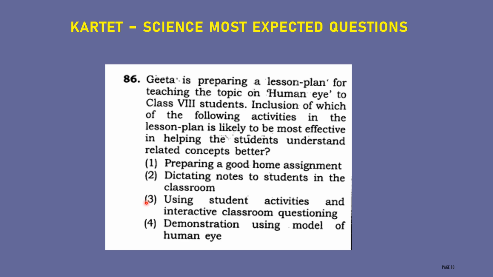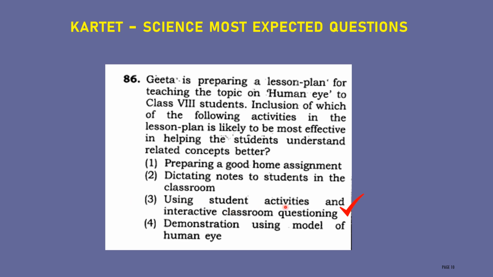Yes, this is the correct one, because when you are teaching human eye, first the students he has to understand the structure of human eye, then you can show the activities. With the help of the activities you can introduce a different parts of human eye, then how human eye it will work, then you can tell the students to open the eye and close the eye, then how the eyes, how it will enlarge, it will extend, how you can create an object on the lens, everything they can feel, they can realize.